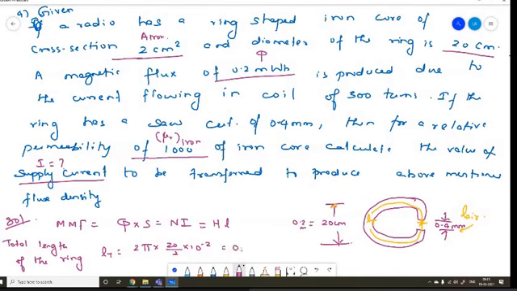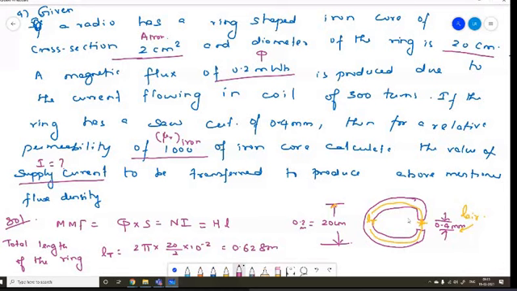So you'll be getting around 0.628 meter. Now, how can I find the length of the iron portion? From LT, if I subtract L air, I can get the length of the iron portion.